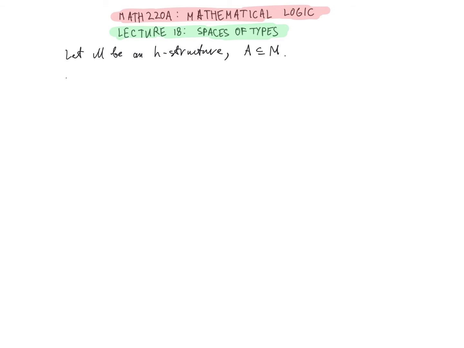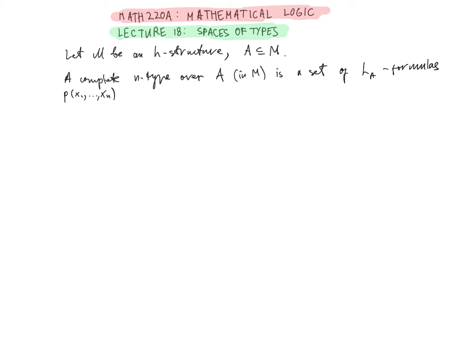Recall that a complete n-type over A in M is a set of L_A formulas p(x1 through xn), all the L_A formulas in free variables x1 through xn, such that p(x bar) together with the complete theory of M and parameters for A named is consistent.